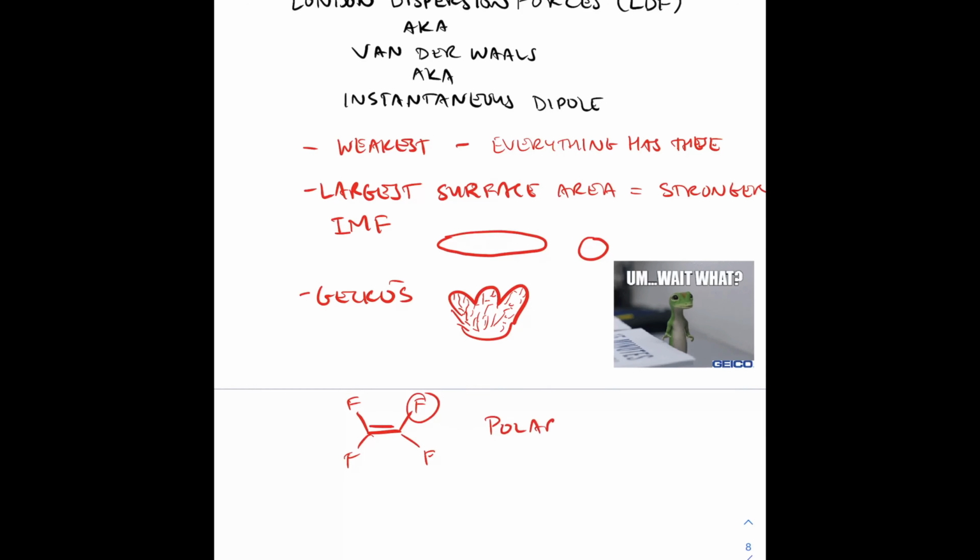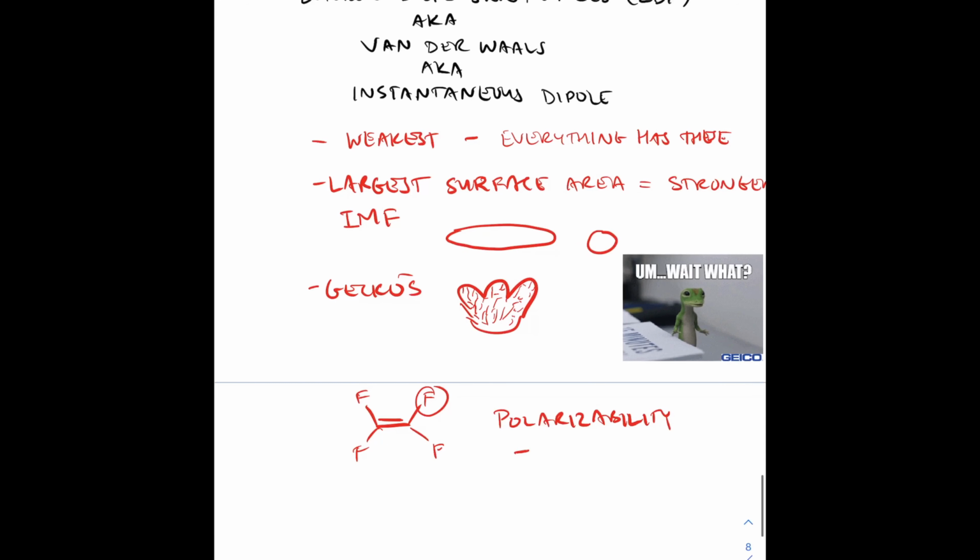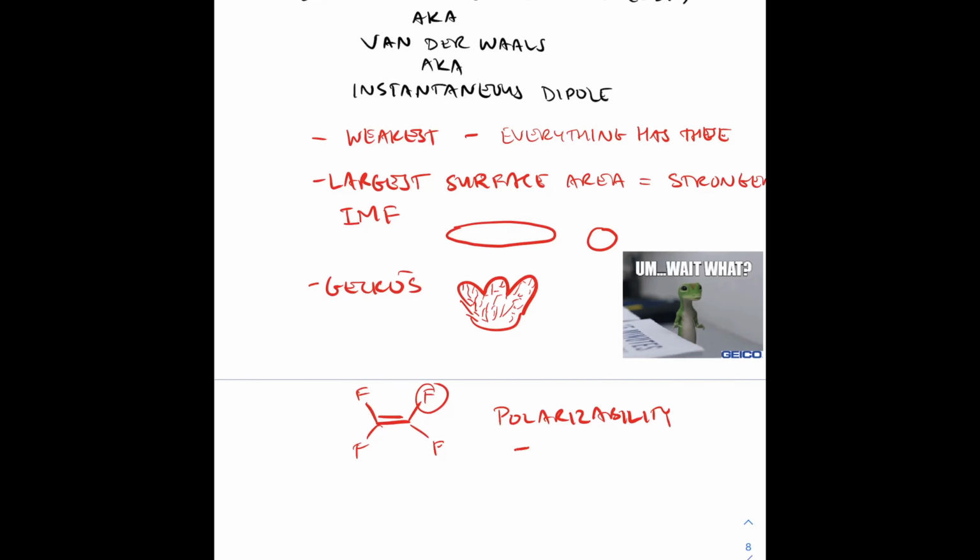So the concept of polarizability is basically that in an atom you can easily induce a dipole. Okay. So polarizability, or an atom that is polarizable, is an easily induced dipole.